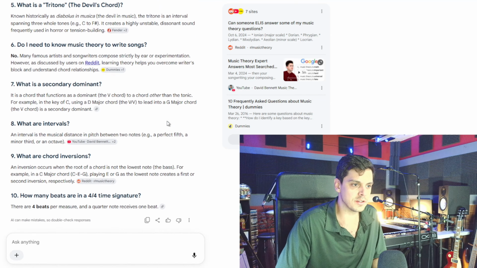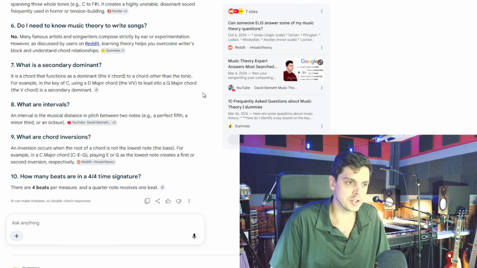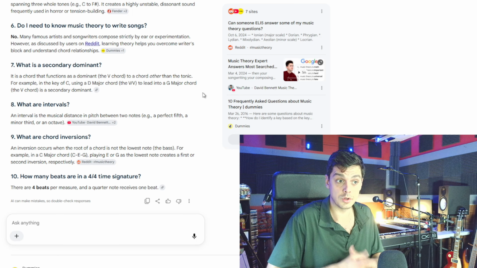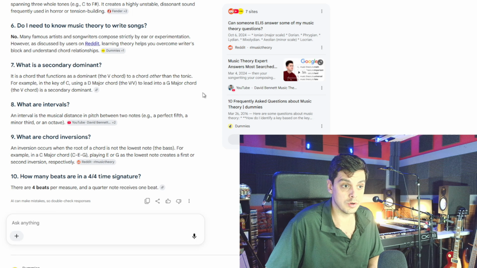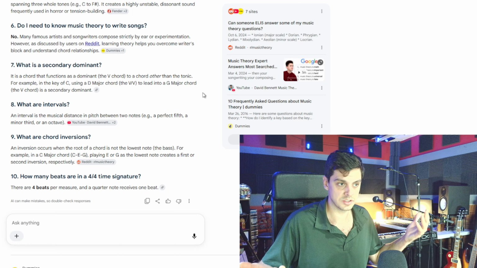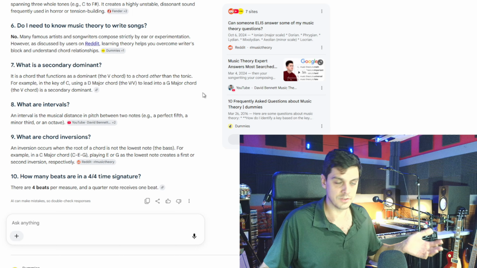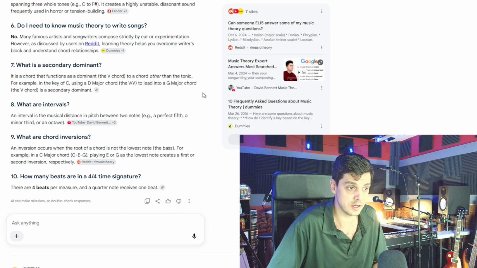What is a secondary dominant? Aha, this is very specific. "It is a chord that functions as a dominant, the 5 chord, to a chord other than the tonic. For example, in the key of C, using a D major chord, aka the 5 of 5, to lead into a G major chord, the 5 chord, is a secondary dominant." No notes. This question is a very specific question, and this answer, I think, is quite adequate.